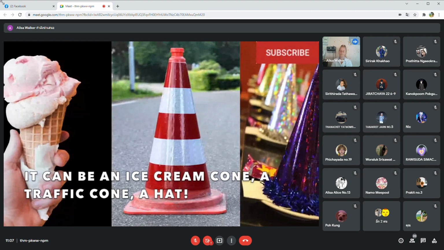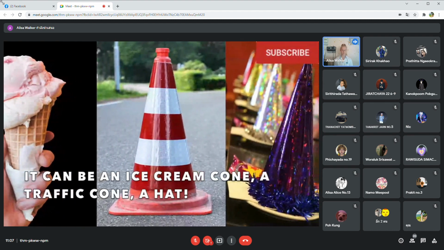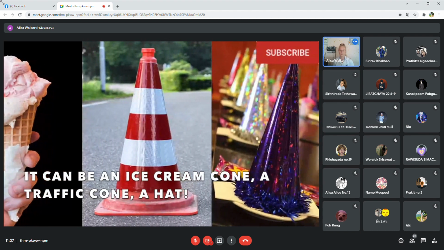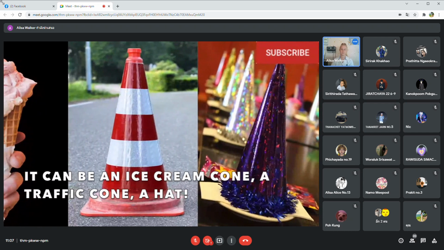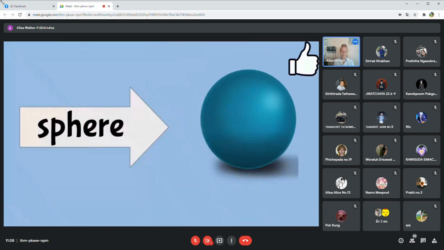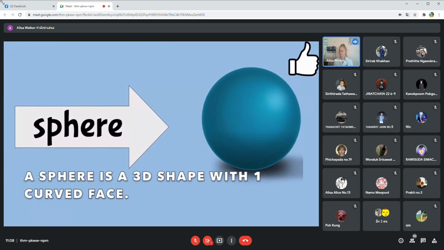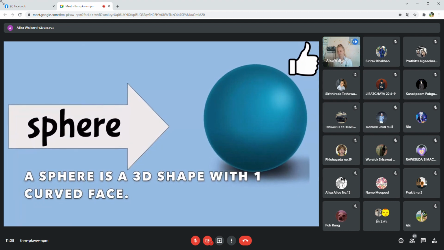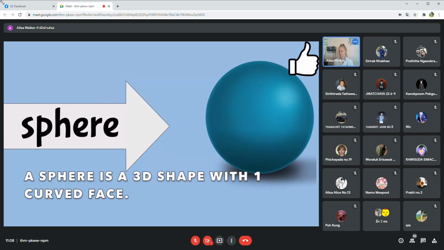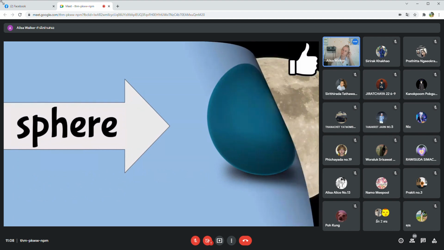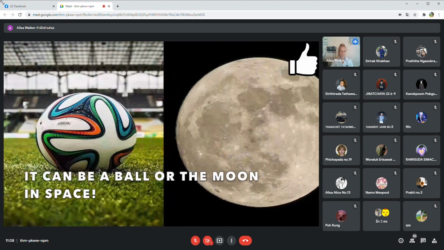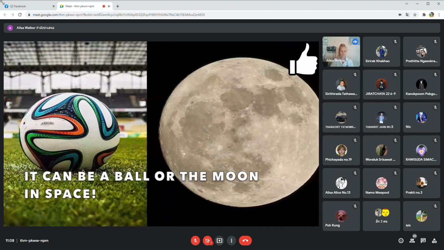It can be an ice cream cone, a traffic cone, a hat. A sphere is a 3D shape with one curved face. It can be a ball or the moon in space.